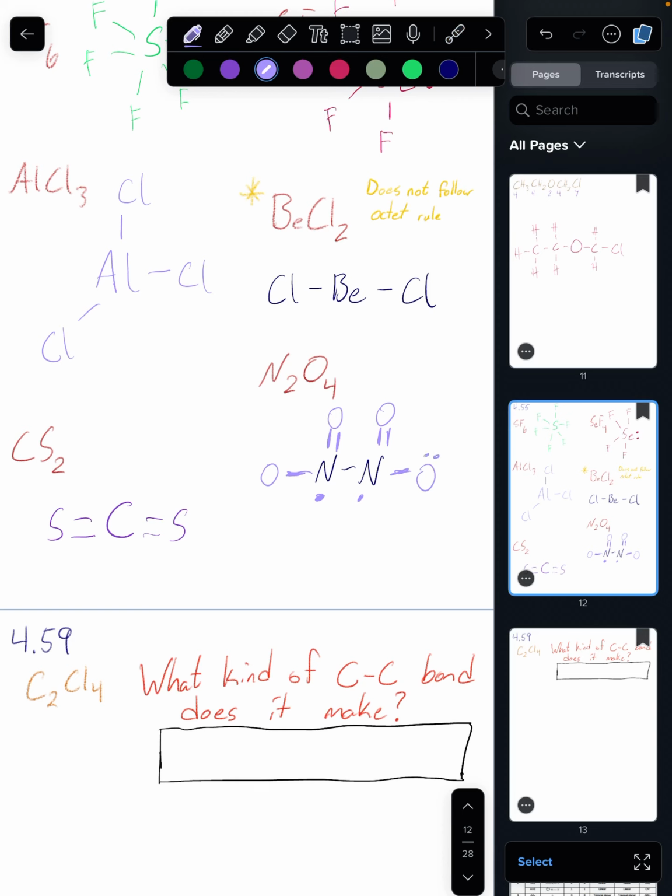So we know it likes 2 bonds, 2 pairs, and so we have an extra one here for that other bond it could have done. Okay? So in this case, it has 1 extra.